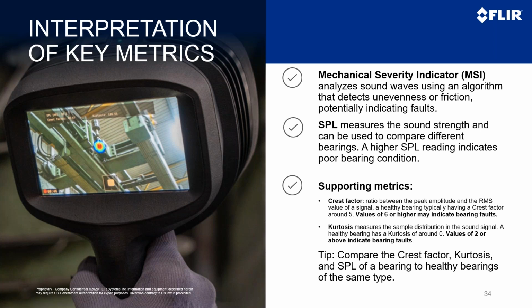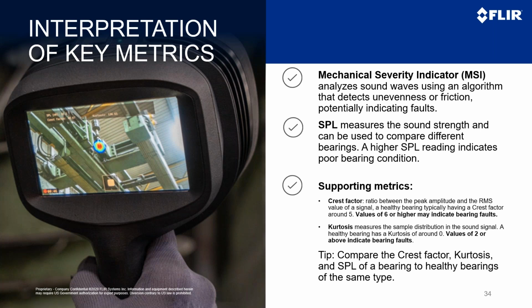This is an algorithm enhanced by the AI of our camera that detects unevenness and friction, potentially indicating faults. As shown in the previous screen, you can see that there is a potential mechanical failure, and you can see the results of the camera. So this is one of the ways to interpret this type of metric.